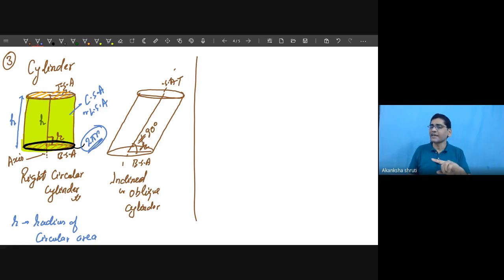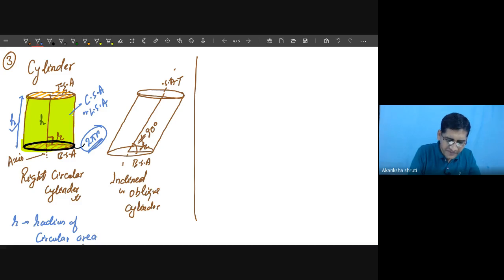If we take the area of the base, then it will give the volume, because this will get filled, and the filled space always gives the volume. So this boundary length multiplied by h gives us the curved surface area.